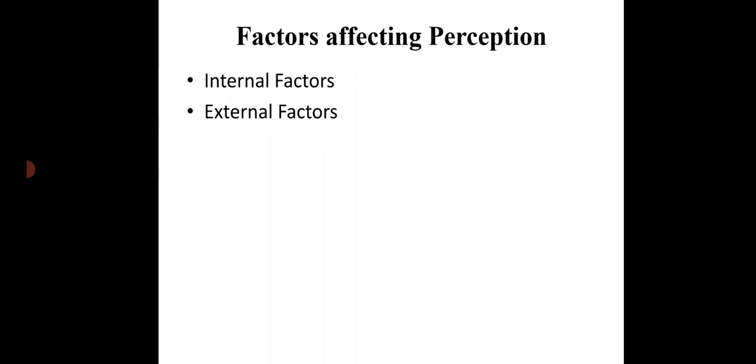The influence depends upon how the perceiver views these factors, both internal as well as external. These two sets of factors play a very important role in the process of perception, which we saw in 6 steps. With the help of these factors only, this process of perception takes place.